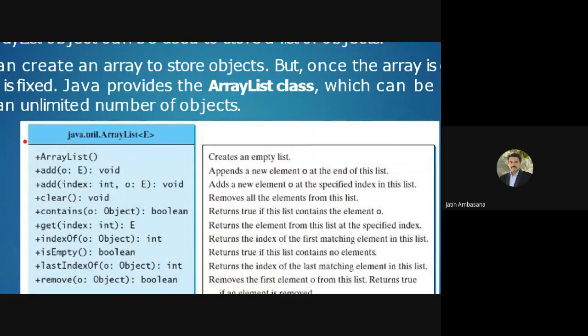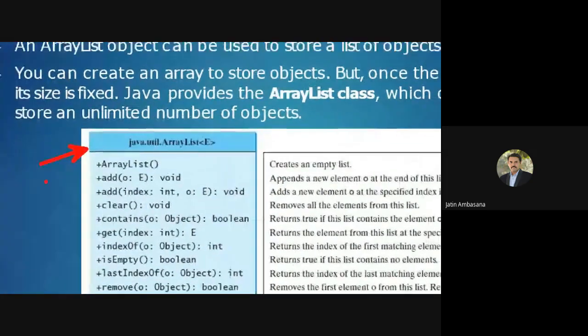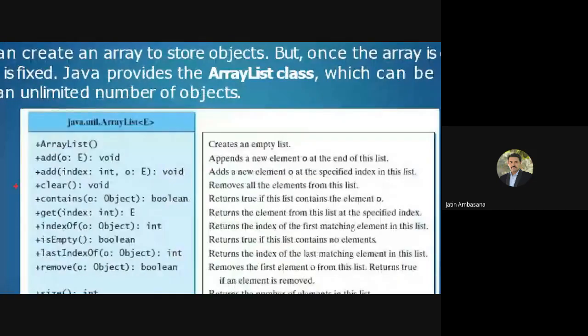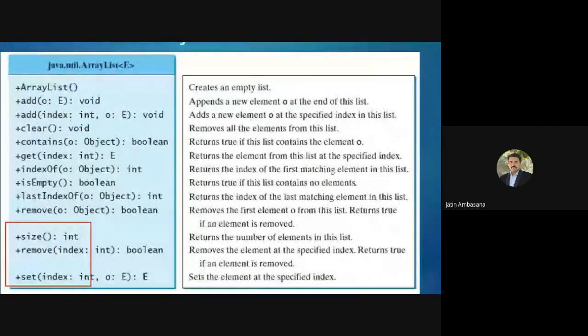This is the UML notation, the class diagram notation of the ArrayList class. These are all publicly available methods, and this is the constructor. The rest are methods, and other methods are also there.